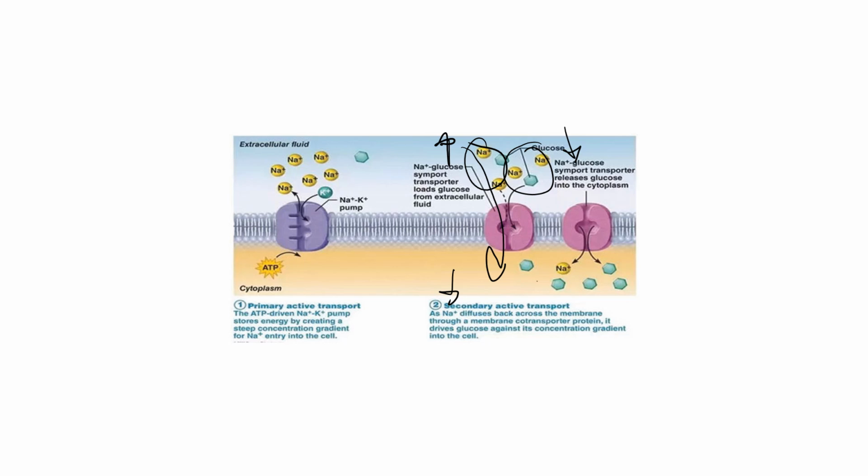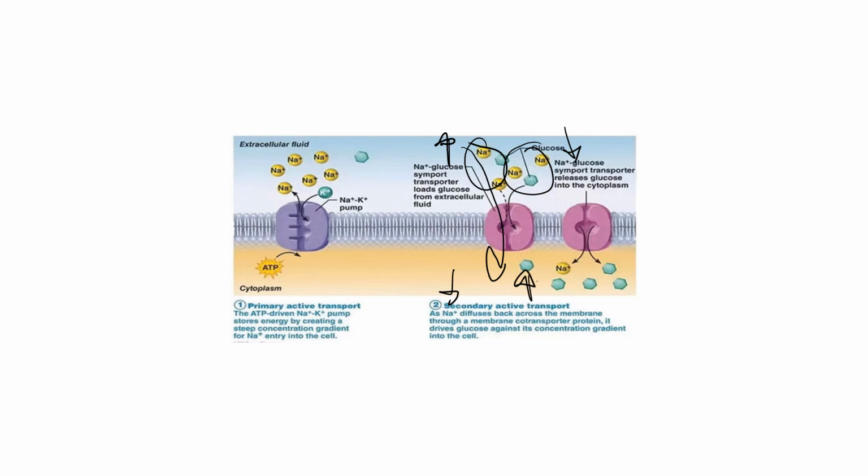This happens sometimes, believe it or not, especially within the intestines and sometimes within the epithelial cells of the nephron. Glucose can actually be low outside of the cell and relatively high inside of the cell.